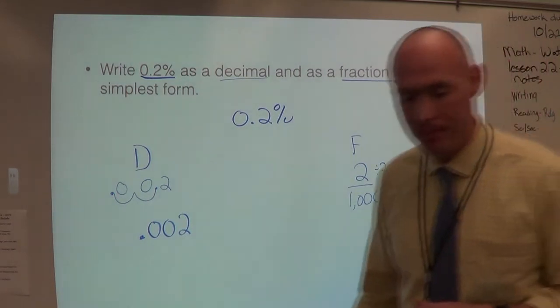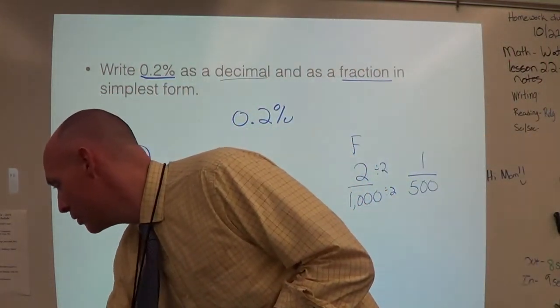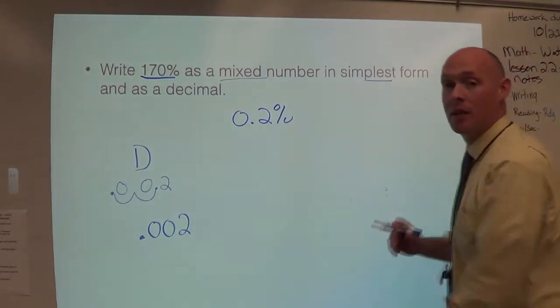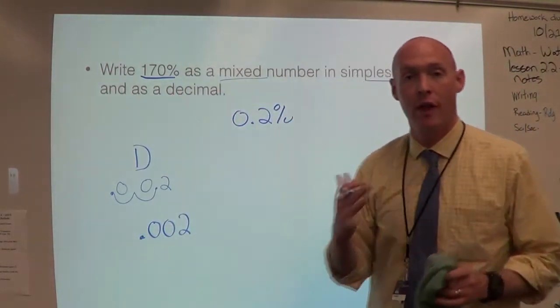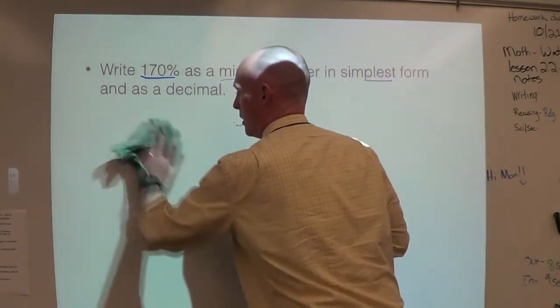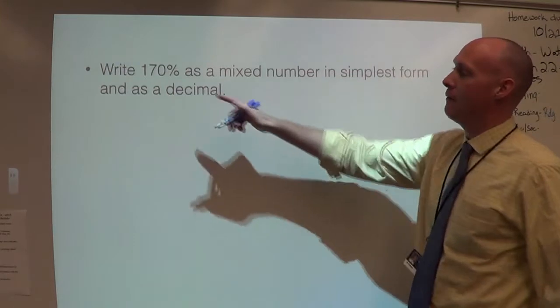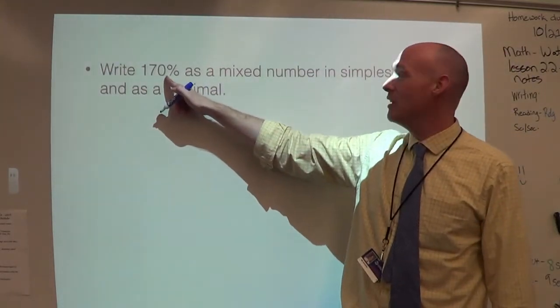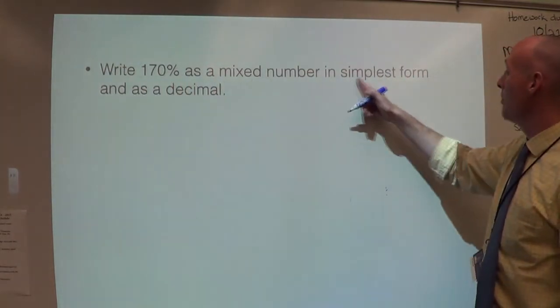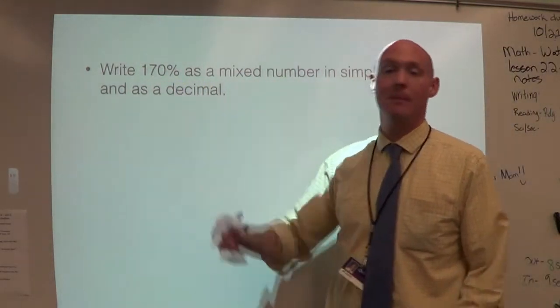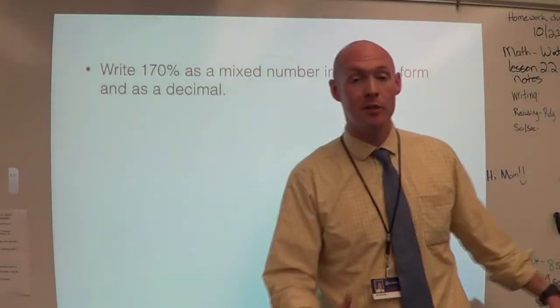Let's try another one. This time we're going to deal with a percent that's larger than 100%. Write 170% as a mixed number in simplest form and as a decimal. We know it's going to be a mixed number because it's 100% or larger.